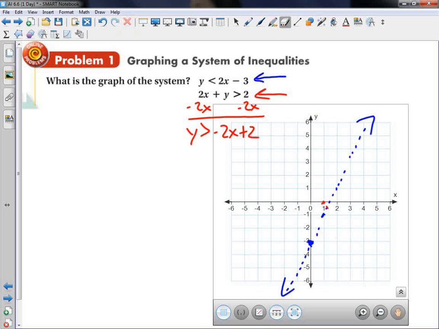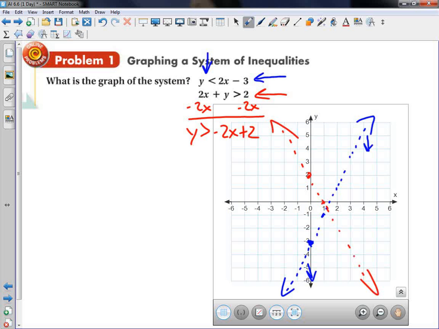Okay, so starting way back where we graphed the blue line, and at the point where we said, hey, we're shading under, what I do to keep my drawing a little bit nicer is I just take an arrow and I point down. So I know, and I might put 1 on each side. And I leave it as that until I get done with my next one. Well, the next one we said we graphed like this.